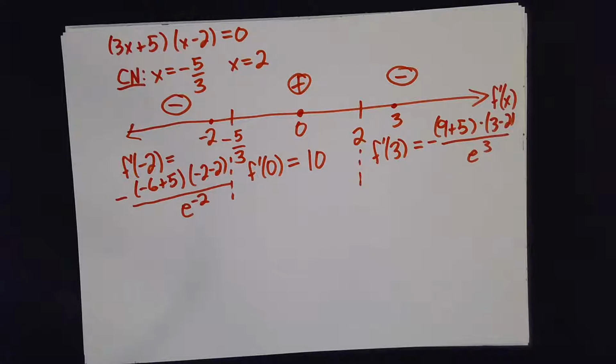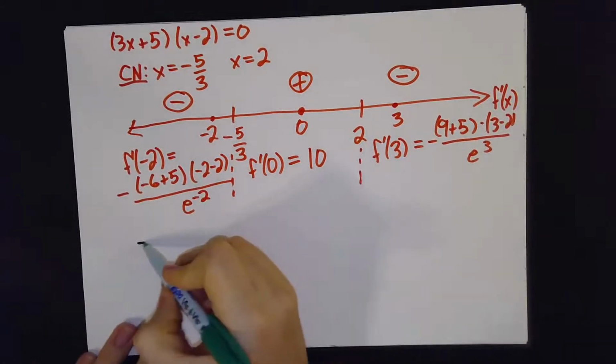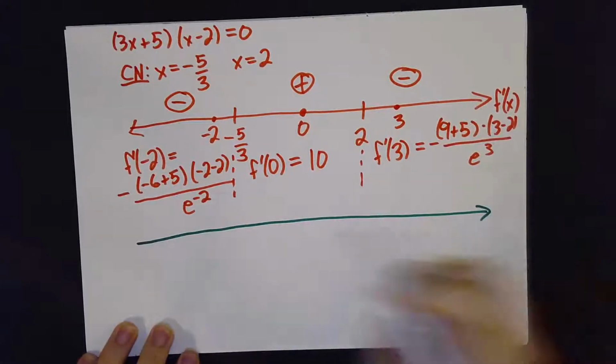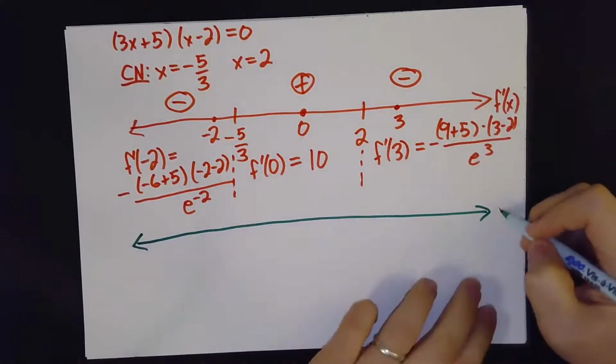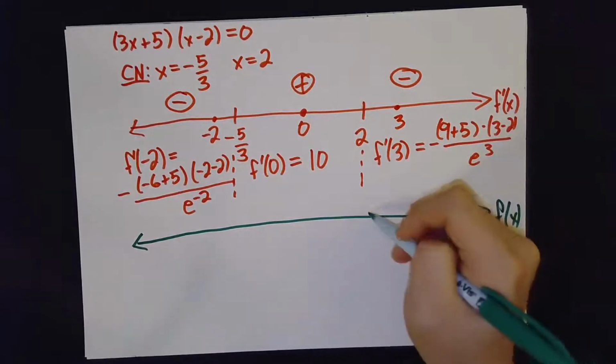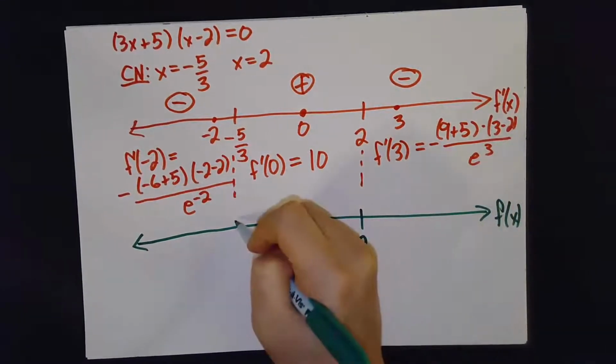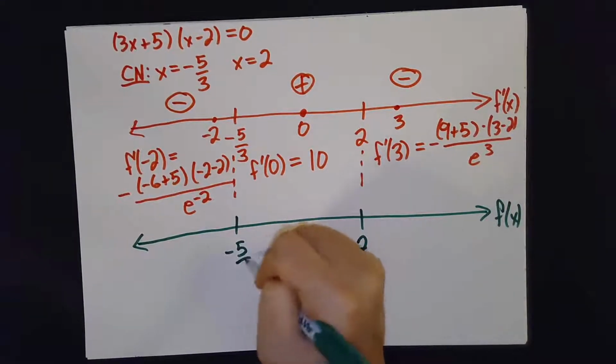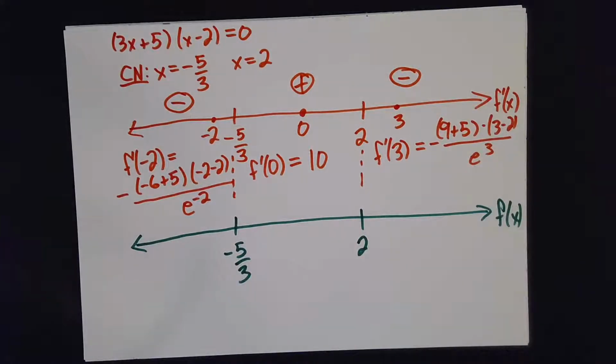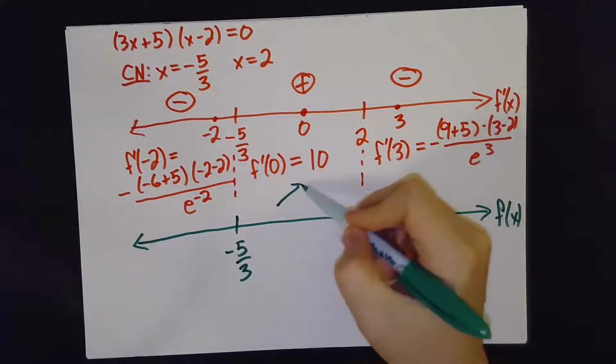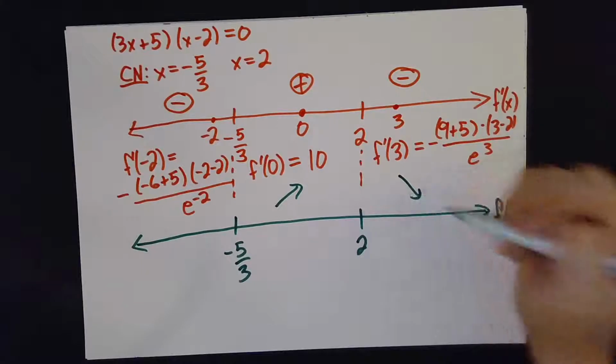Having done that, I can translate everything back over to information about f itself. Namely, positive derivative means increasing, negative derivative means decreasing.